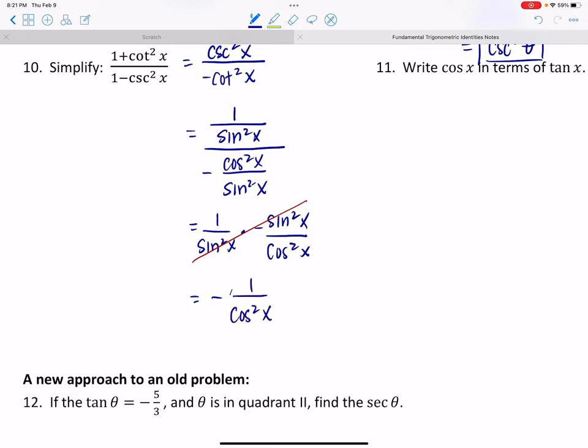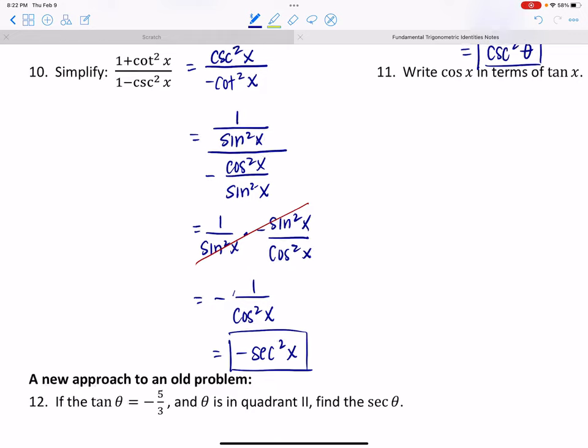And this again would be an okay answer, but we're trying not to leave fractions if we don't have to. And we don't have to here because 1 over cosine, that's a reciprocal of cosine, which we can also call secant. So this is going to be negative secant squared of x. Okay, again, in much prettier form than what we started with.